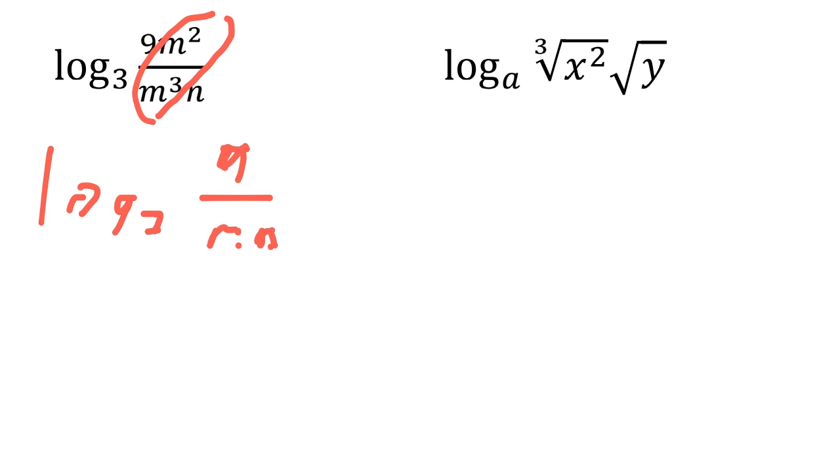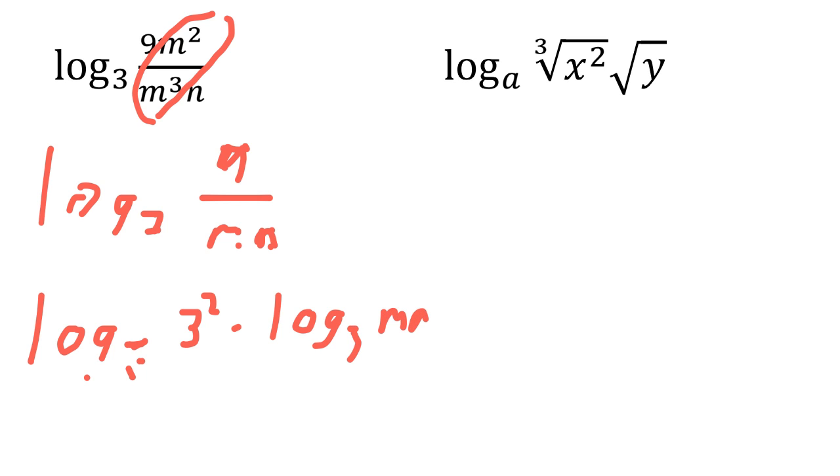Which is going to give us a log base 3, now 9 is 3 squared, of 3 squared minus log base 3 of mn. Well, if it's mn, it's multiplied together, so those are like in the parentheses. So those are both going to end up in the denominator.